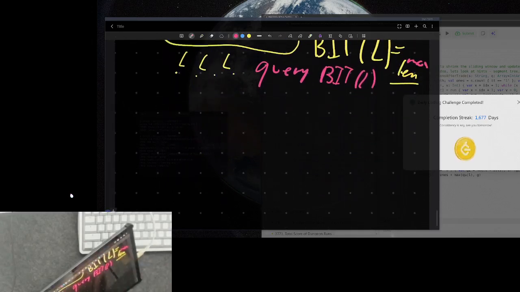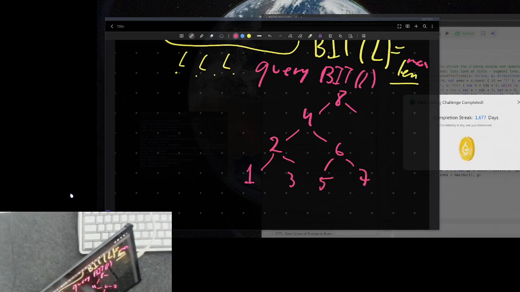The binary indexed tree is one-indexed, so 1, 2, 4, 8 are the roots. Then we go 3, 6, 5, 7. And these are binary representations: 0, 0, 1, 0; this is 0, 1, 0; this is 1, 0, 0; and this is 1, 0, 0, 0 for the roots.